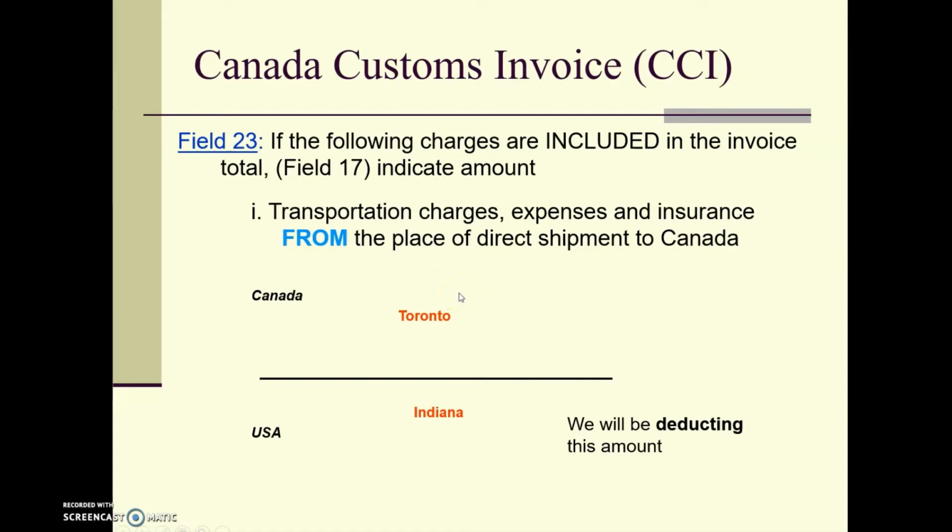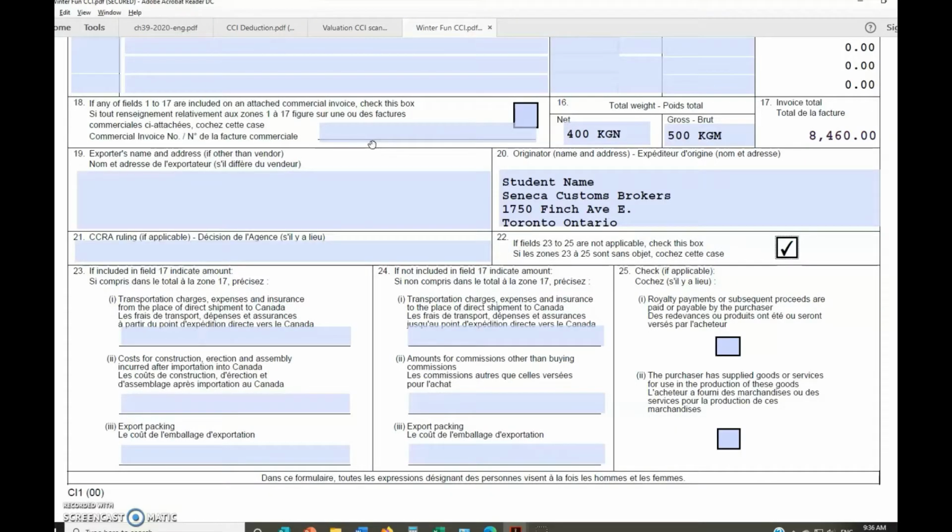If field 22 is not checked and field 23 is completed, let's read what field 23I says. It says, if included in field 17, the invoice total. And you'll notice all this talks about field 17. If included in field 17, indicate amount of transportation charges, expenses, and insurance from the place of direct shipment to Canada.